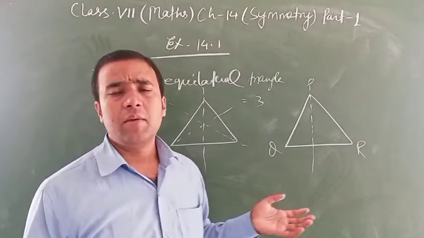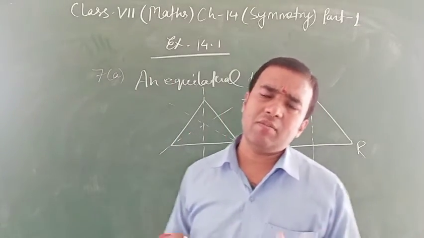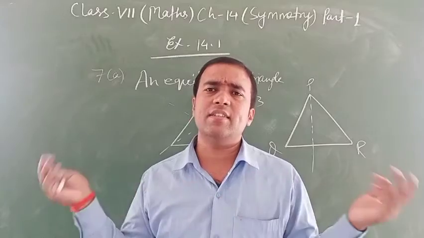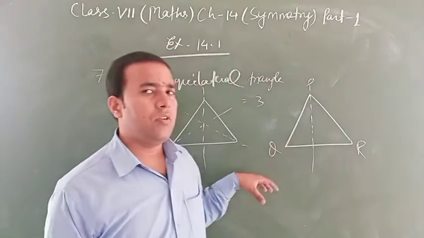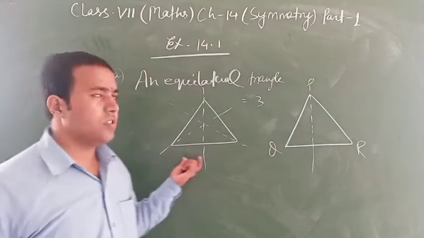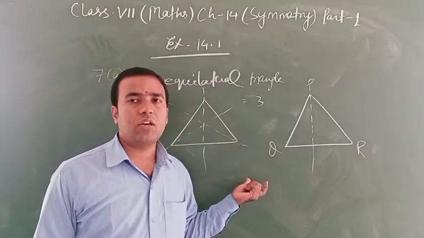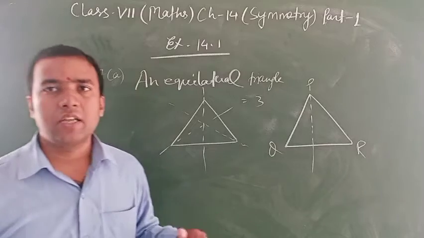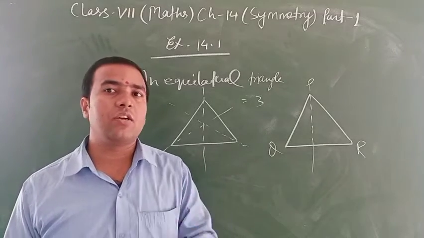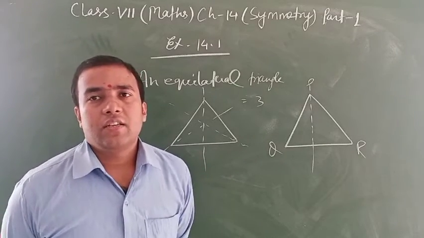Whatever thing is given, you can use a symmetrical line for different things. Anything can be given there. But I am teaching you mathematics, so here I am telling you what to do in the exercise. But you can do it with other things also. You can use that. Clear?